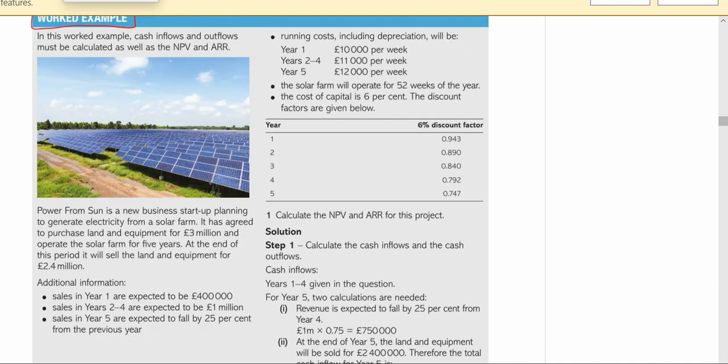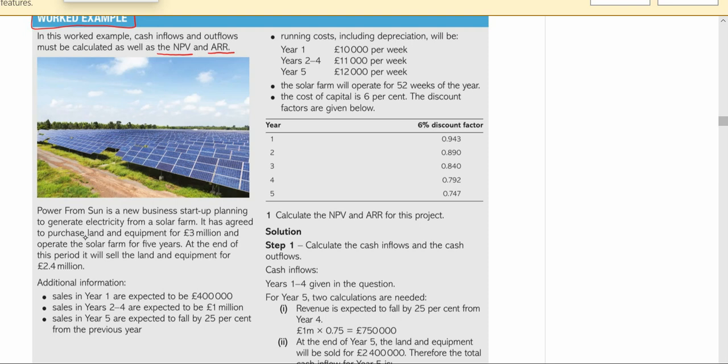Okay, so this is the example. In this worked example, cash inflow and outflow must be calculated using NPV and accounting or average rate of return. Power from Sun is a new business startup planning to generate electricity from a solar farm.